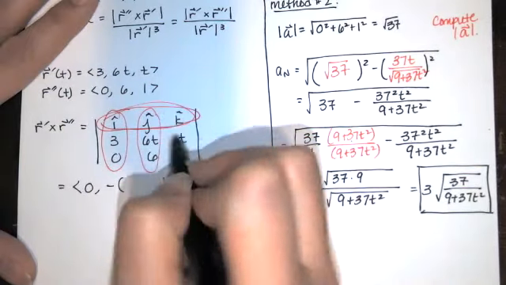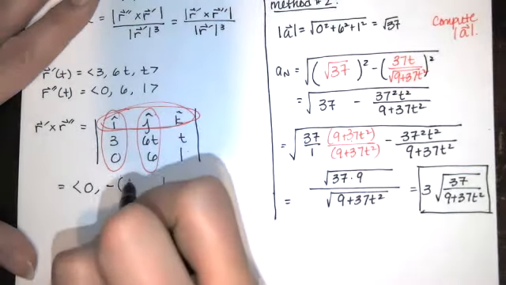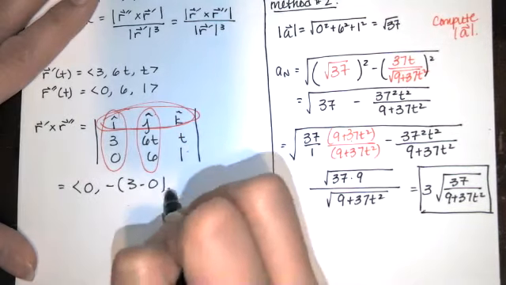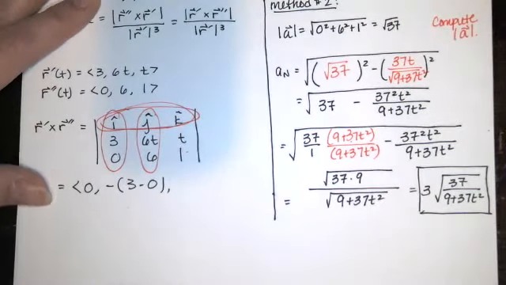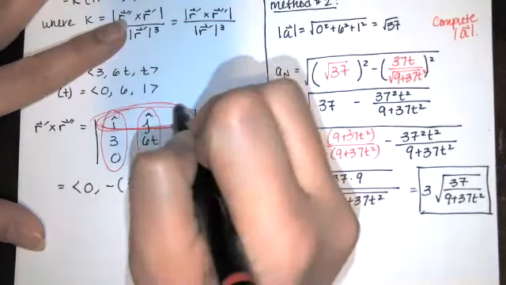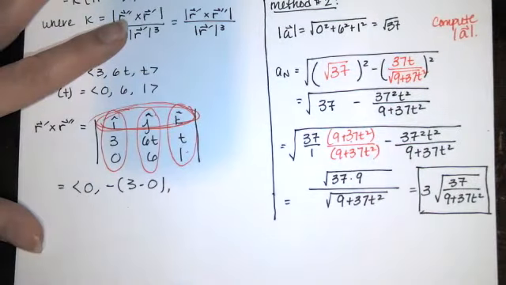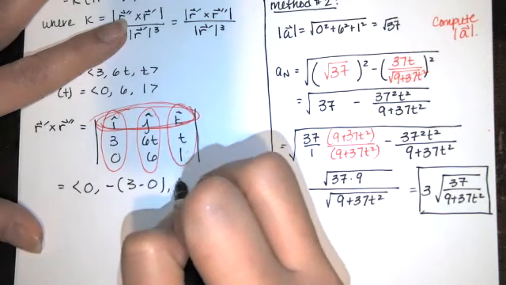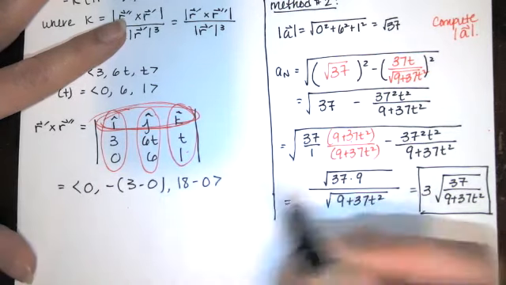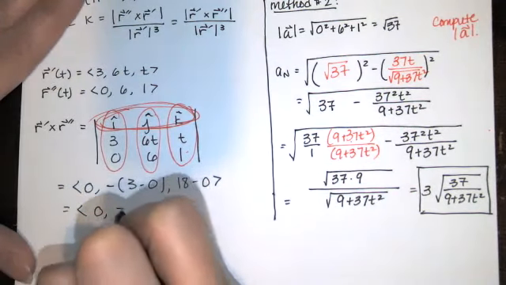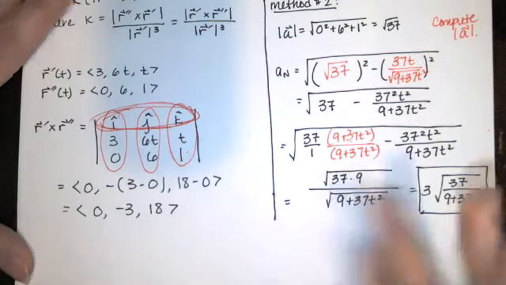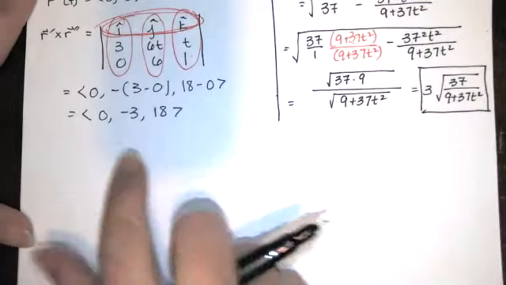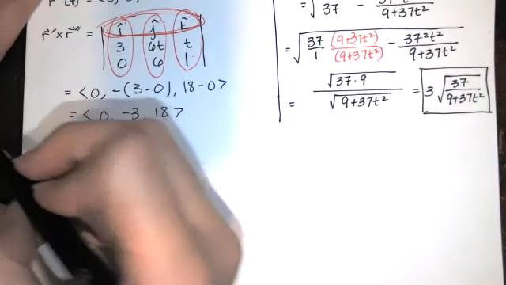So we'll have 3 minus 0 times j hat, plus the determinant that we get when we cross out that row and this column, which is 18 minus 0 times k hat. So we've got a vector with components -3 and 18 in the y and z components. And then we want the magnitude of that.